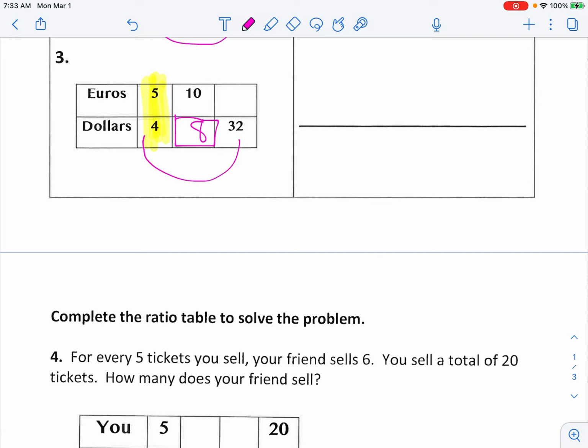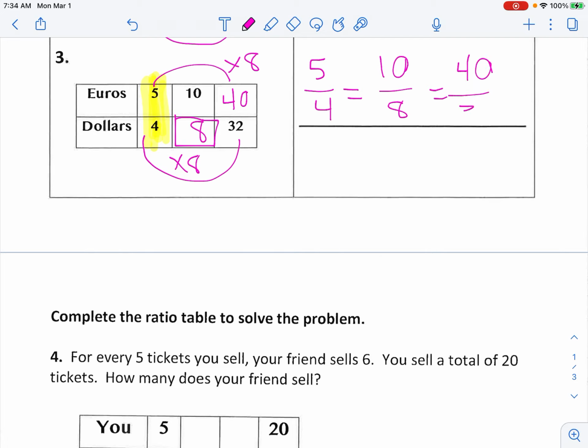How do we get from 4 to 32? 4 times 8, so up here I'm going to do 5 times 8, and that is 40. So our final answer will say 5 is to 4, as 10 is to 8, as 40 is to 32.